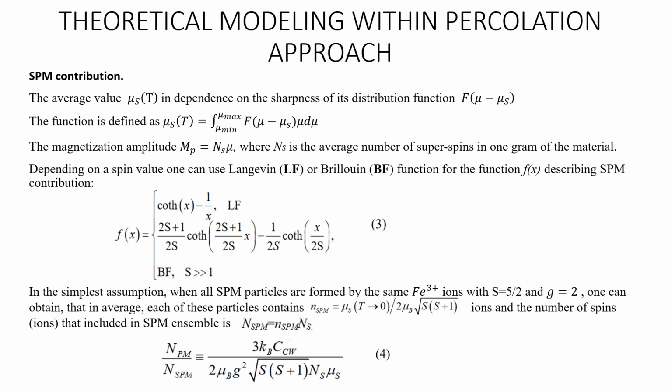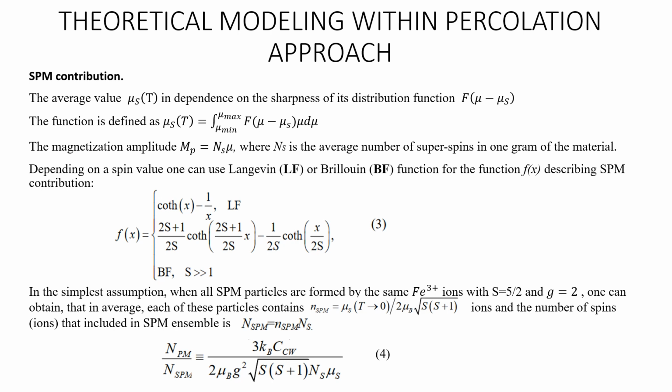The moment can fluctuate slightly or strongly around the average value mu s over temperature, depending on the sharpness of its distribution function. The function is defined as the integral of mu s depending on mu s minus mu over delta mu.